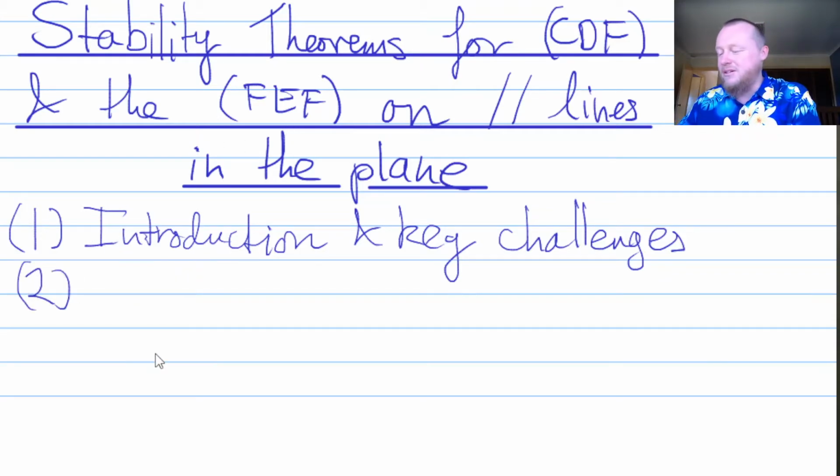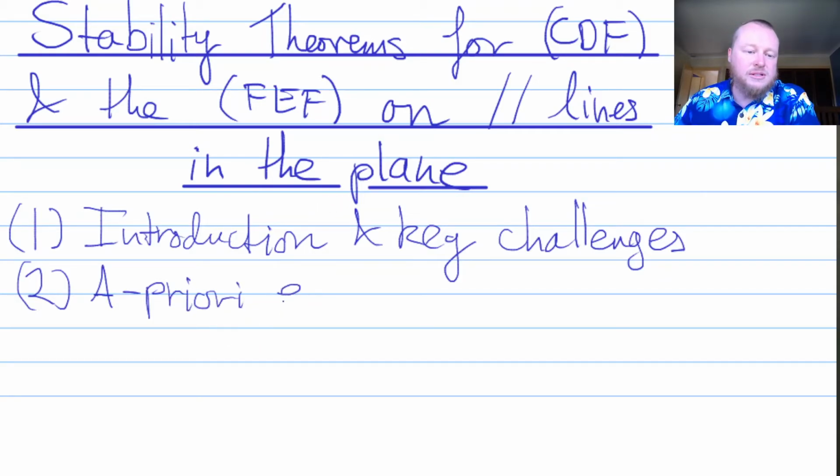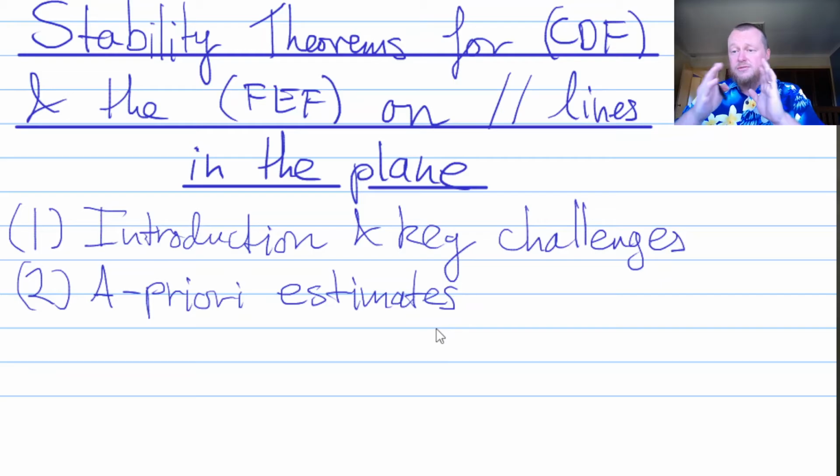Okay, after we've given a bit of an introduction, we're going to talk about something called a priori estimates. A priori just means before. So these are estimates that control the geometry of the evolving curve, this little arc, pretty much before it starts evolving.